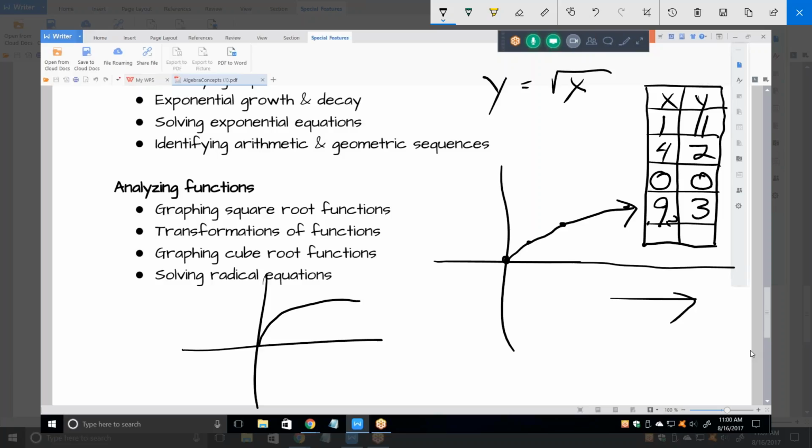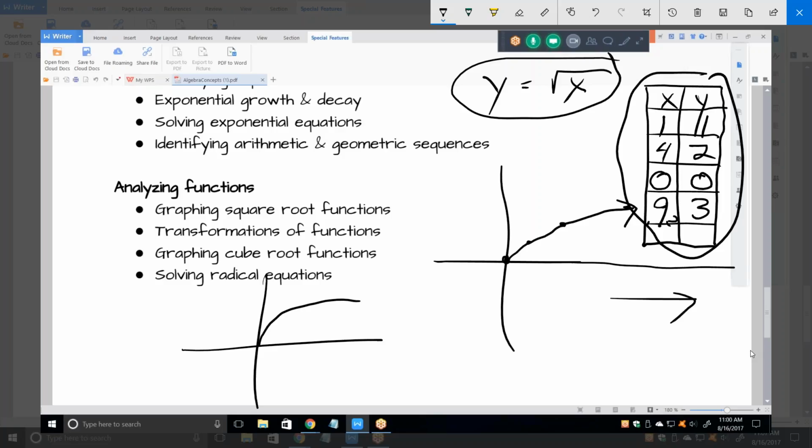I haven't really drawn it with quite enough curvature in it, but if you don't know how to graph a function, this is always a way to do it. But you have to know what your allowable domain is. In other words, when I look at that function, I know that I can only use X values that are positive or 0. So my graph is going to start at 0, 0. There's no arrow pointing to the left here.